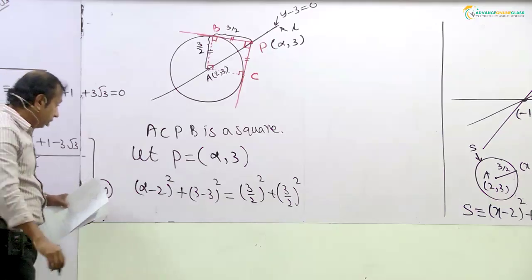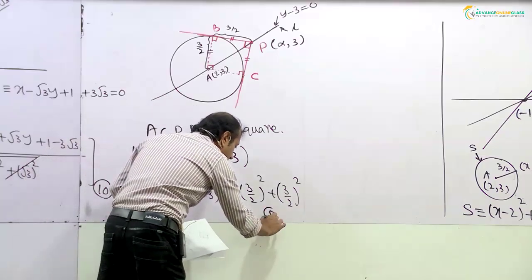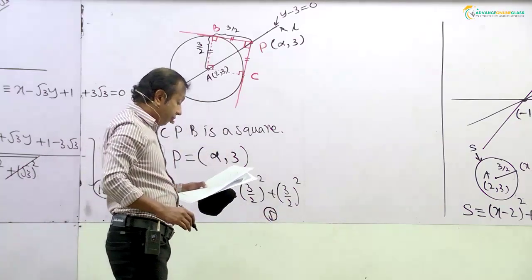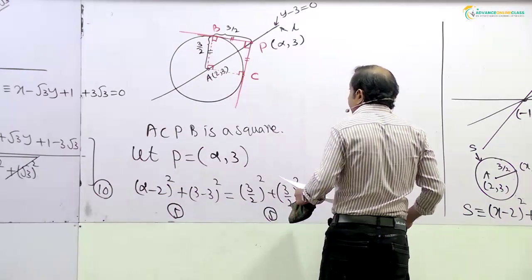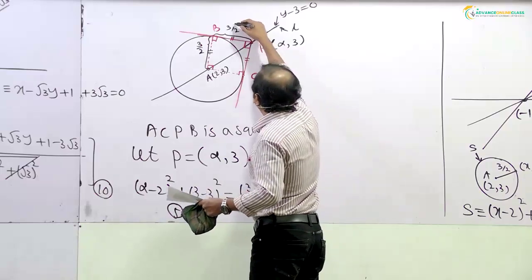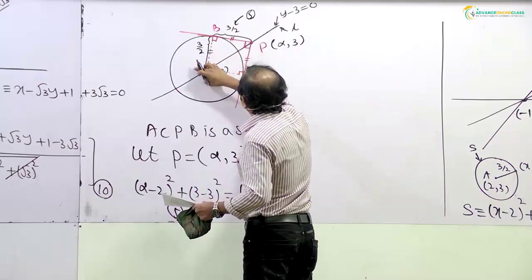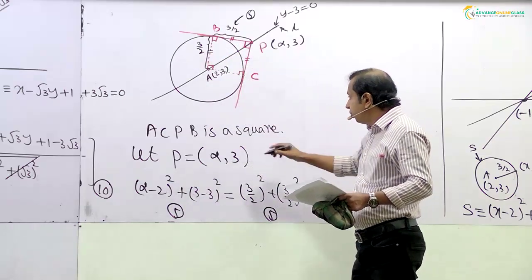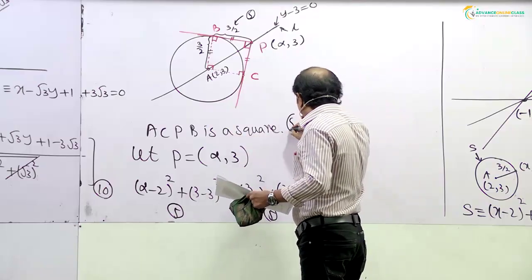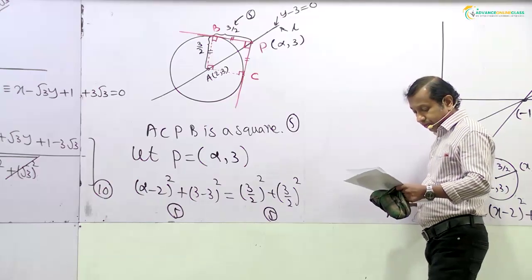Yes. For these 5 marks. Right. Here marking, this is 5. This length and this length being equal, no? For ACB, this is a square. That also 5 marks coming. Right.